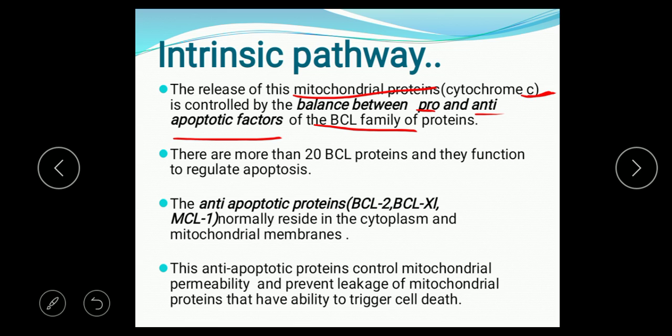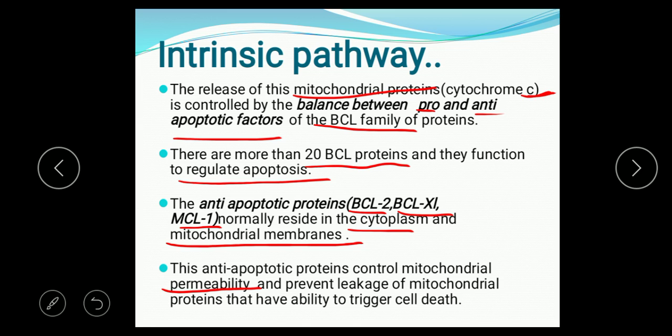There are more than 20 BCL proteins and their function is to regulate apoptosis. Very important. The anti-apoptotic proteins are BCL2, BCL-XL, MCL1, and they normally reside in the cytoplasm and mitochondrial membrane. Okay guys? These anti-apoptotic proteins control mitochondrial permeability and prevent leakage of mitochondrial proteins that have the ability to trigger cell death.